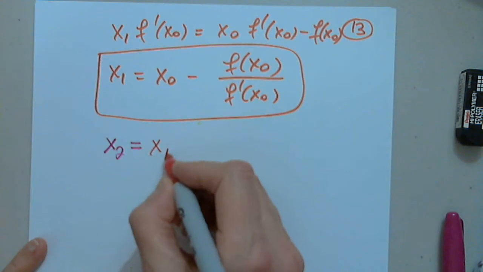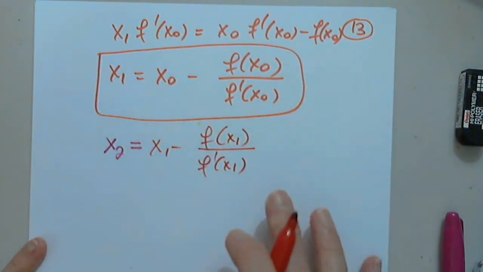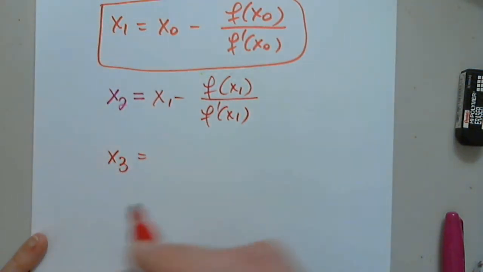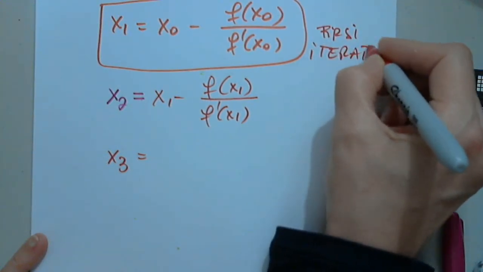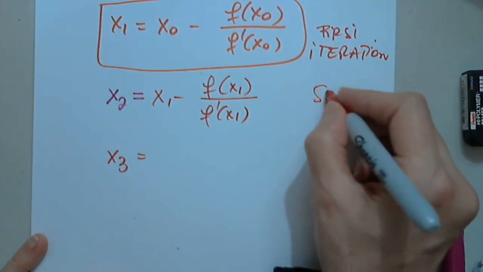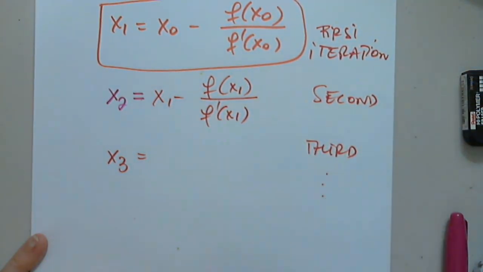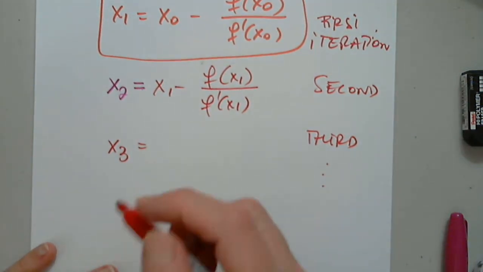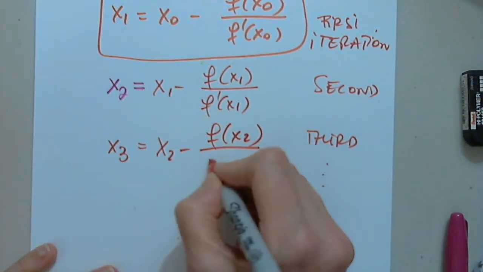It's 1 minus f. Thank you very much, of course. Can anyone give us x sub 3? The third iteration. First iteration. Second. Third. Can anyone give us x sub 3? x2 minus f of x2 over f prime of x2.